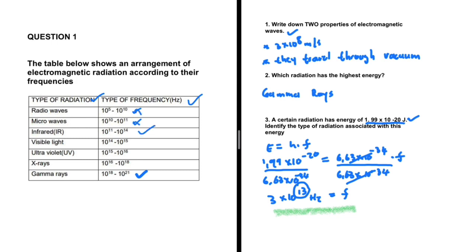As you can see, this is times 10 to the power 13, and infrared is ranging from 10 to the power 11 to 10 to the power 14. So 10 to the power 13 is in between the frequency of infrared. So the answer here is actually infrared. The question is saying, let's identify the type of radiation associated with this energy. It is clearly infrared.